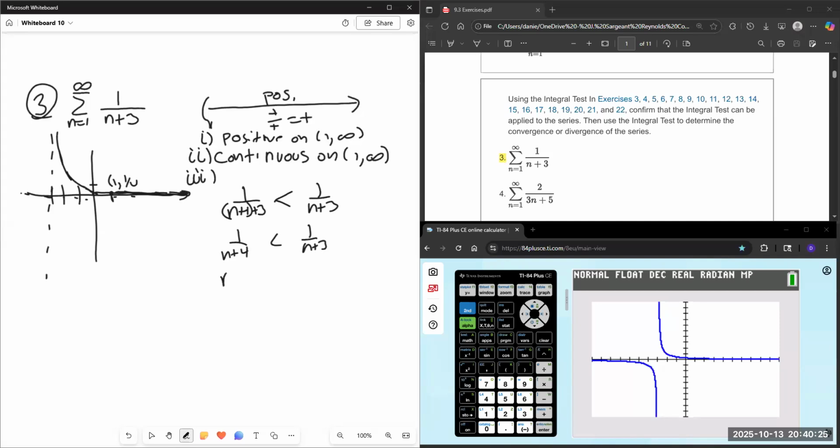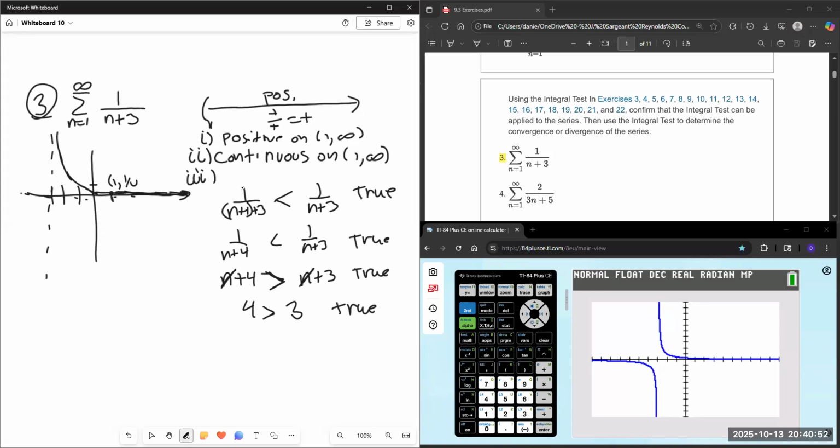There's a rule here that says if we take the reciprocal of both sides, the direction of the inequality sign will change. Then I'm going to subtract n from both sides, and I'm going to see, is it true that 4 is greater than 3? That's true. Because this last statement is true, all the statements above it that led to it were also true.